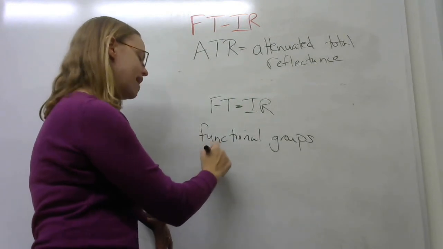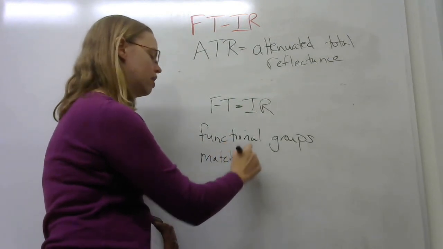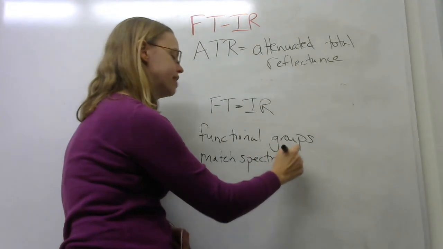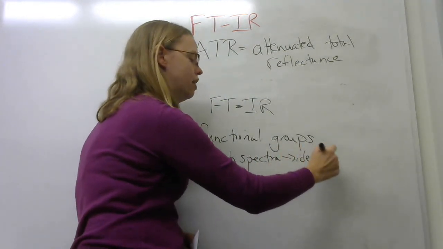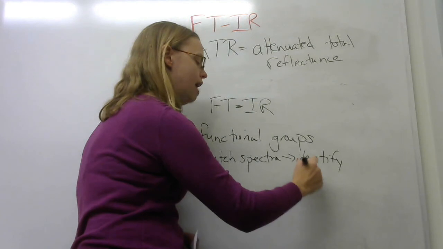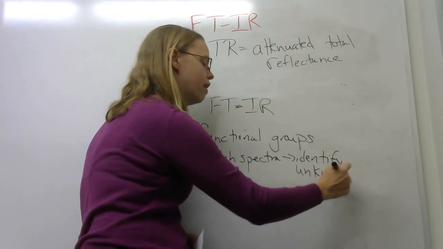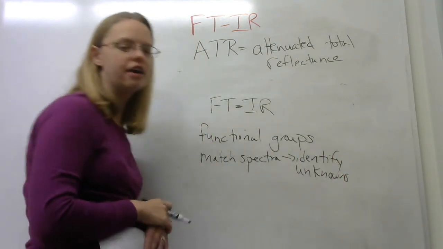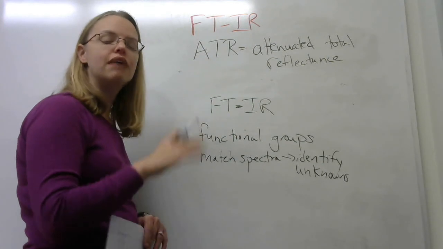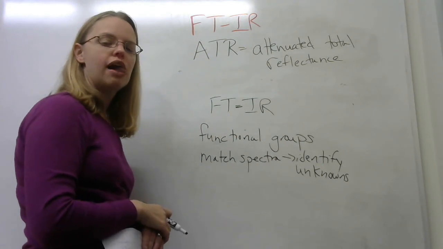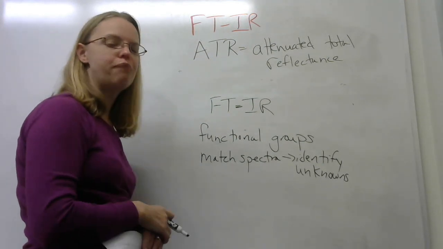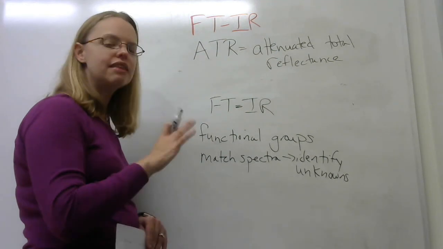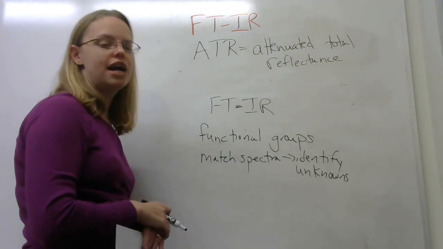And again, if we match the spectra, we should be able then to identify unknowns. And we have started to make our own library with our FTIR in the lab of different compounds that we can try and match spectra, and those libraries you can buy as well. Okay, so that's the basic overview of FTIR spectroscopy.